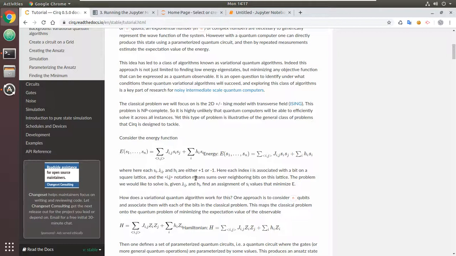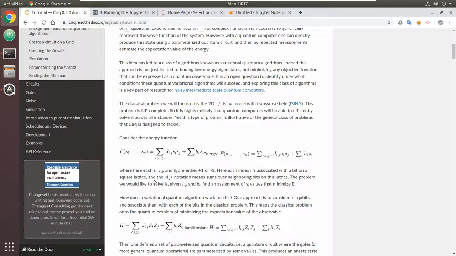Here, each index is associated with a bit on a square lattice, and the IJ notation means sums over neighboring bits on this lattice. The problem we'd like to solve is, given this, find an assignment of S that minimizes E. Yeah, so those are the kind of parameters.